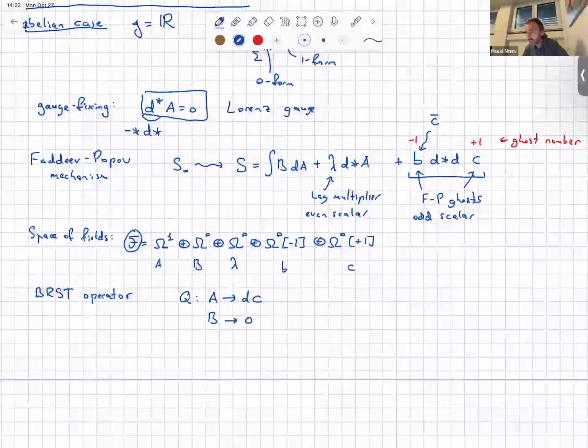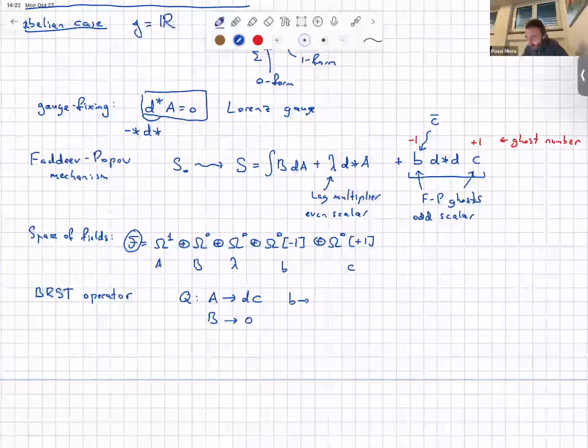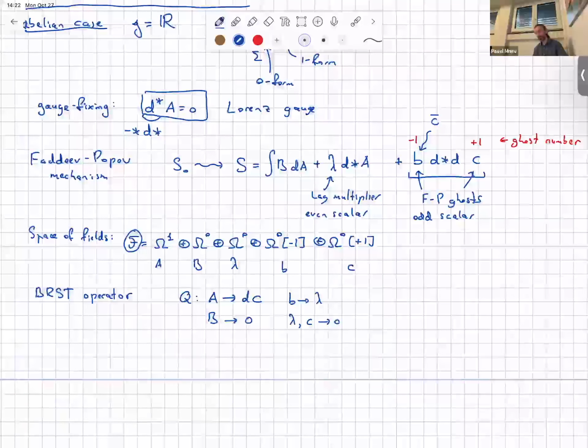And then, for the extra fields that you adjoined when going to the Faddeev-Popov formalism, the ghost B is sent to the Lagrange multiplier, and then lambda and C go to 0.